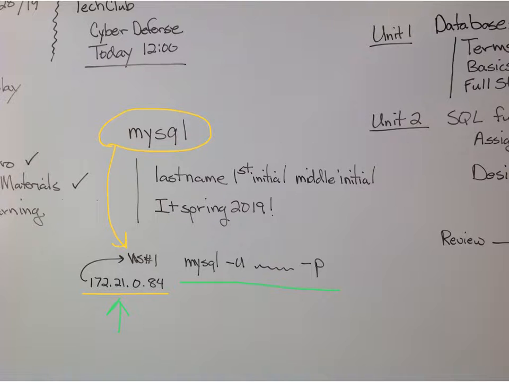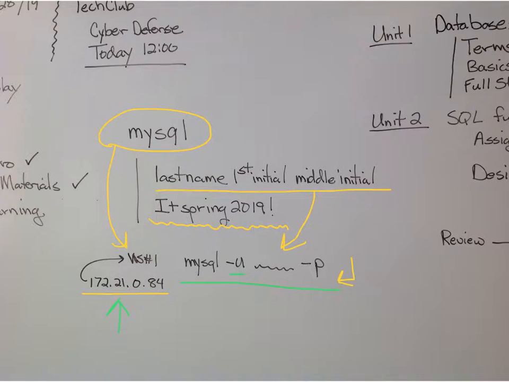You can run mysql -u for user, and then last name, first initial, middle initial, P, and when you enter that, it's going to ask for a password, and here's the password. You should have pretty good privileges, almost all privileges, to the databases there. So you can test that out from home when you do the practice 1.